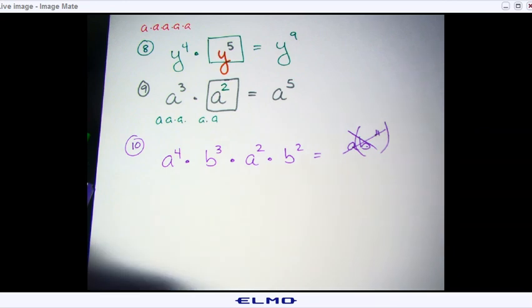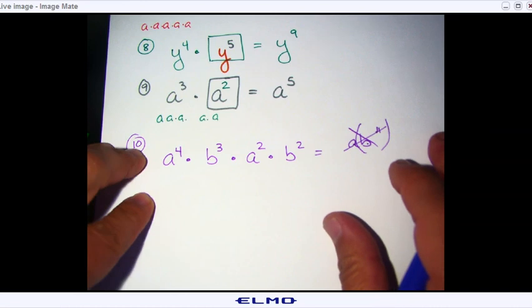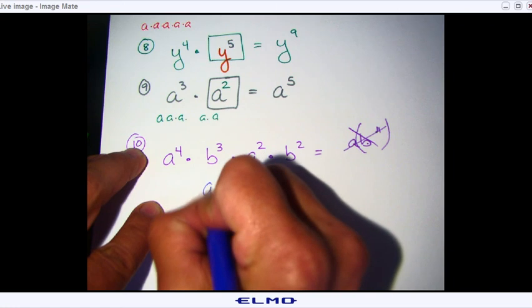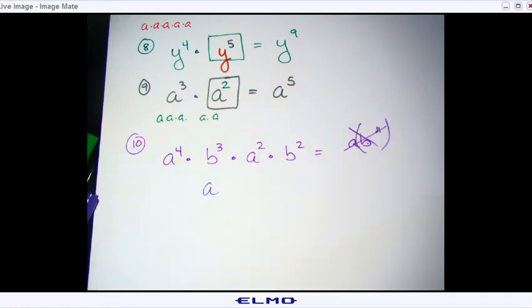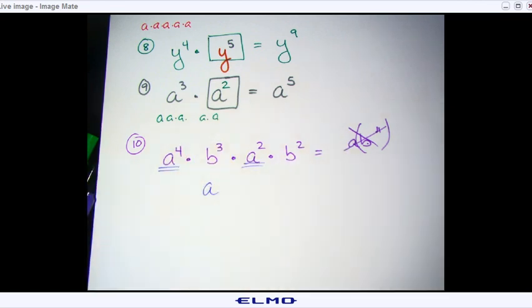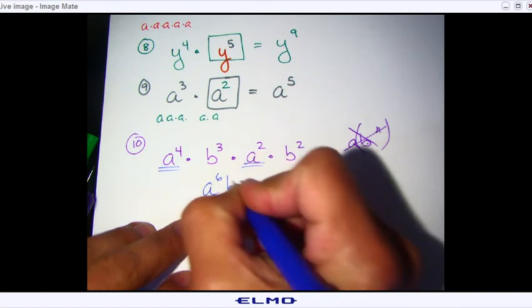Here we go. Let's do the a's and find the exponent. What about a? a to the what? Well, let's see. We got 4 and then 2. So we got a total of a to the 6. Yes. And then b to the what?